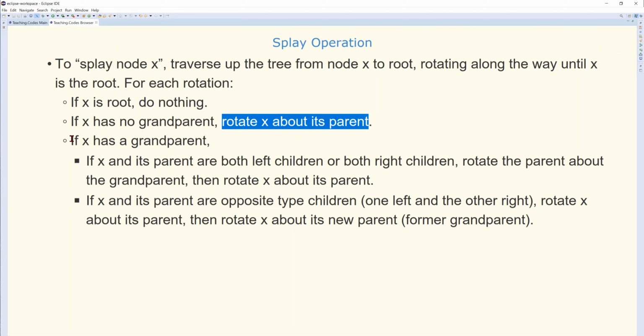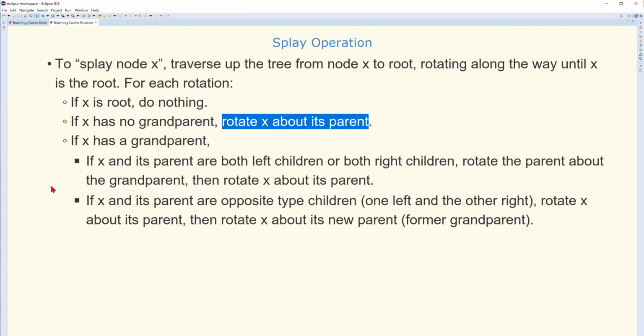Now, for other cases, which means x is at level 2, remember level 0 is the root, level 1 is the children of the root. So if x is a grandchild of the root, or maybe even further down, there are two possibilities. Either x and its immediate parent are both left children of their parents. That means the parent of x is a left child of the grandparent, and x is also a left child of the parent.